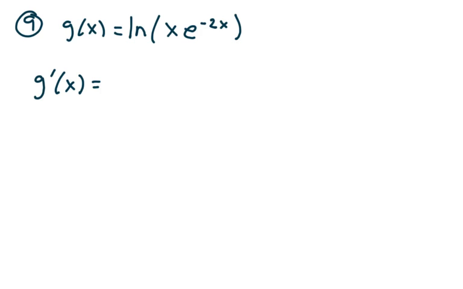remember that the outside function is, we'll call it f of x, is natural log of x. If I differentiate, I get 1 over x, but I'm going to evaluate it at the inside function, which is the argument of the natural log.